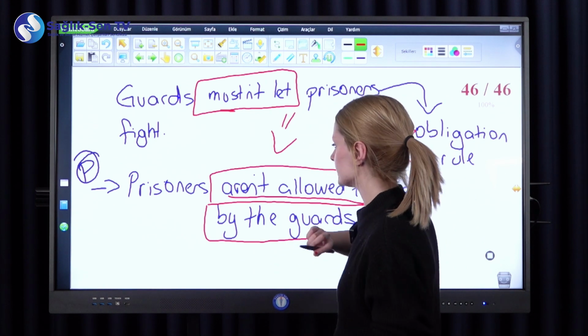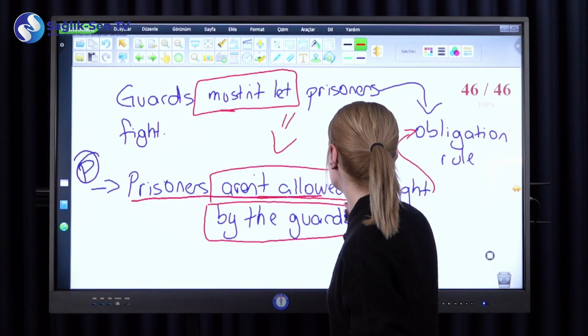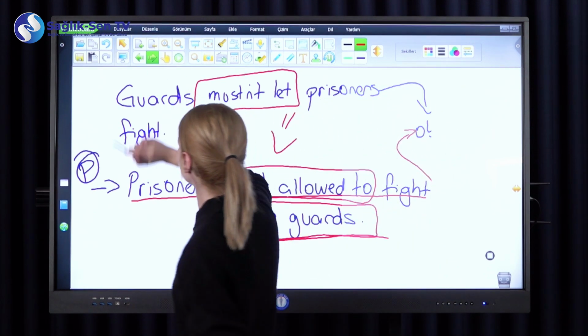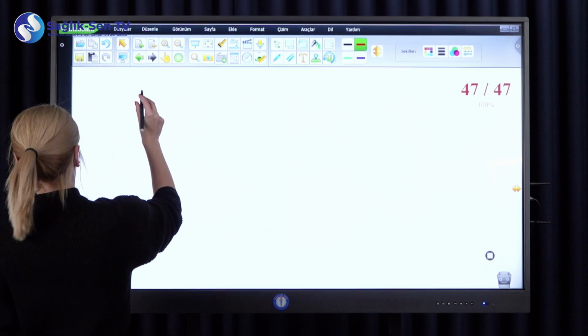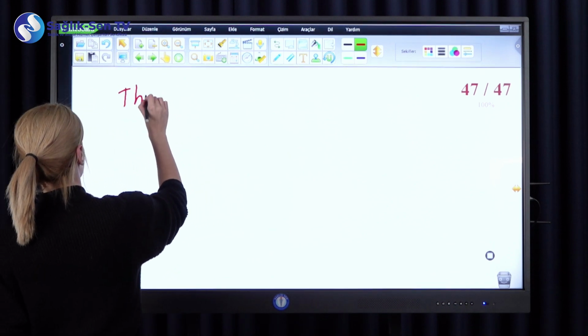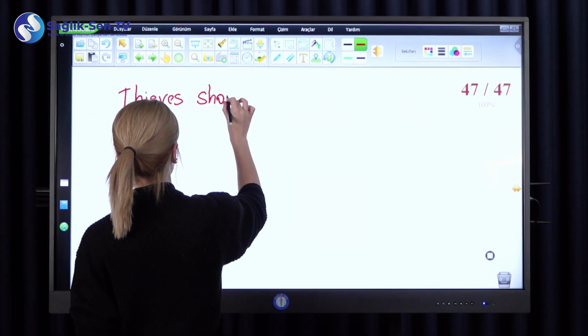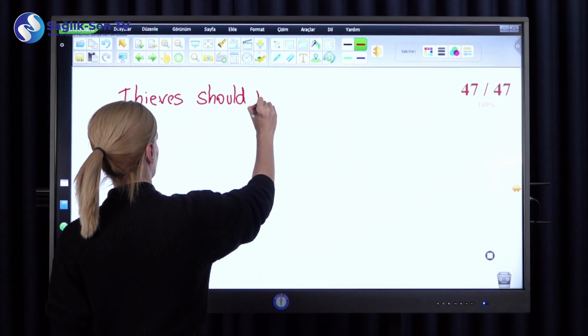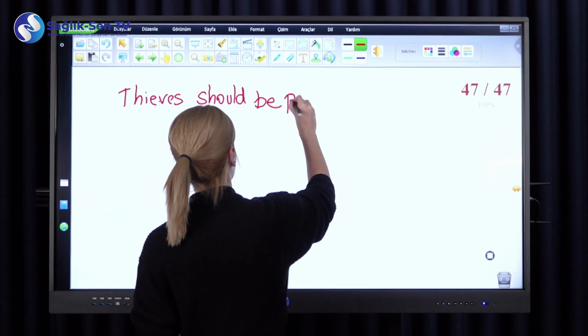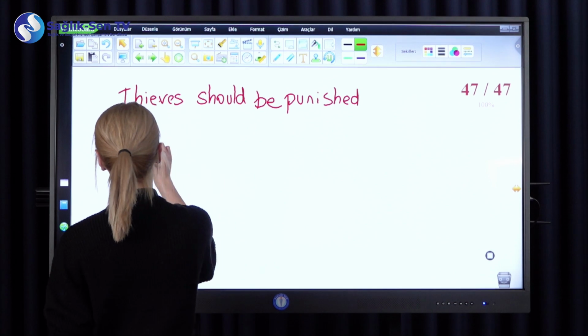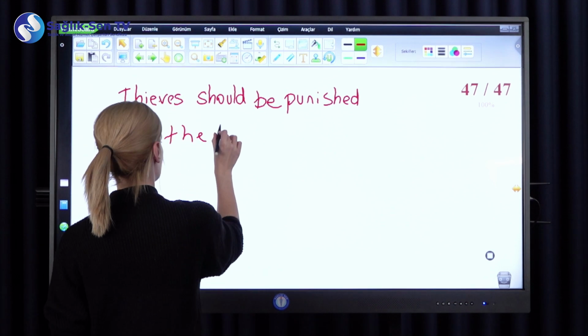Prisoners aren't allowed to fight by the guards. Thieves should be punished by the judge.